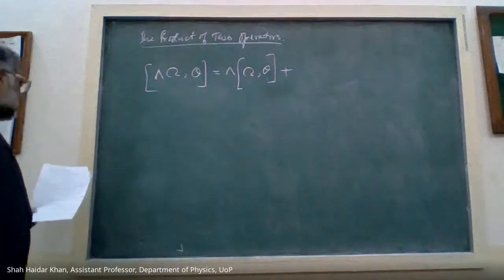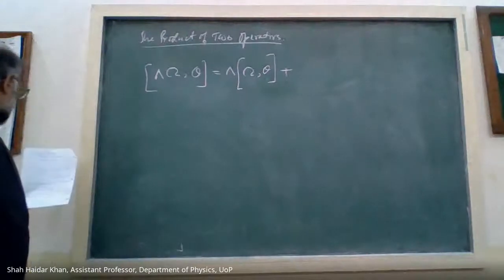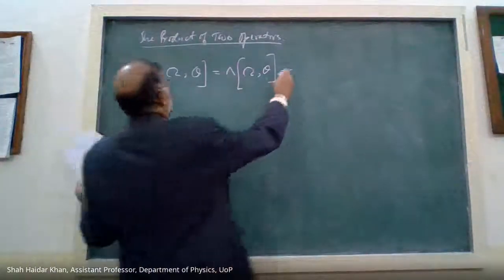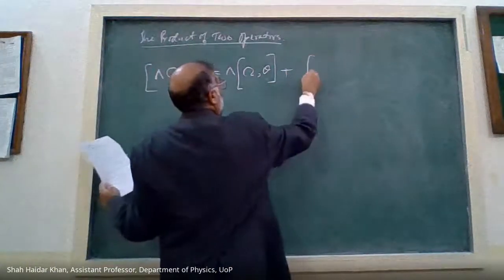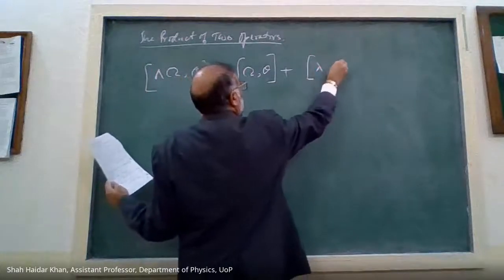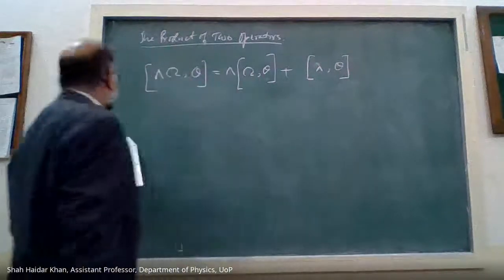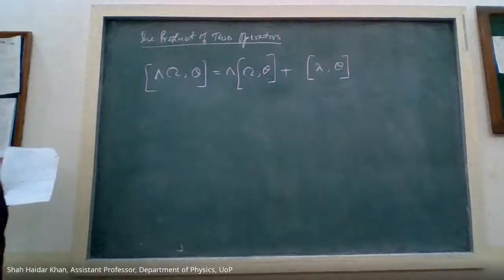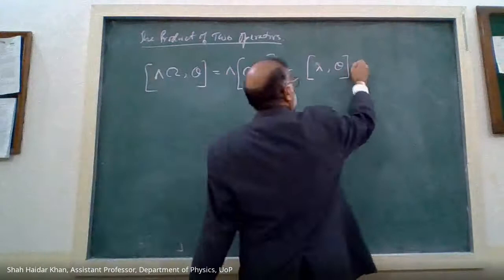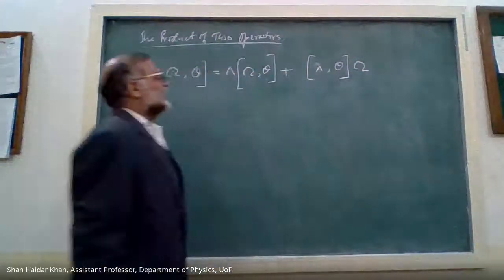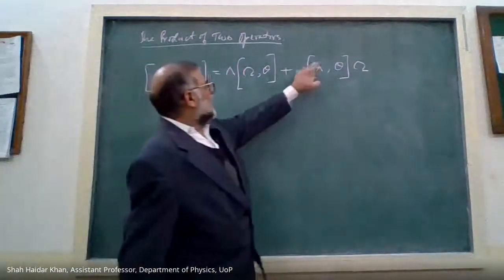The commutator of lambda and theta, right? So commutator of lambda and theta, right? And we should write omega after the commutator.